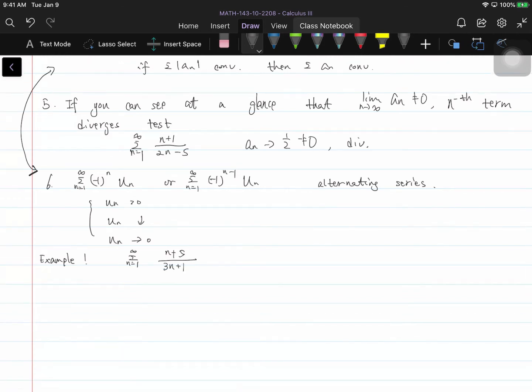By looking at this one, we know a_n goes to 1/3, which is different from 0, so we can use the nth term divergence test. We say our series diverges. Okay, now let's take a look at the second one.